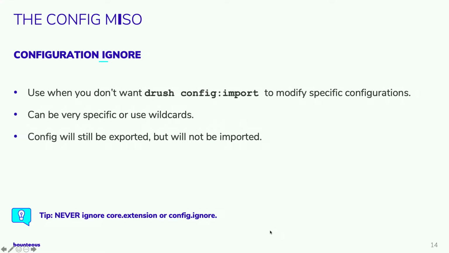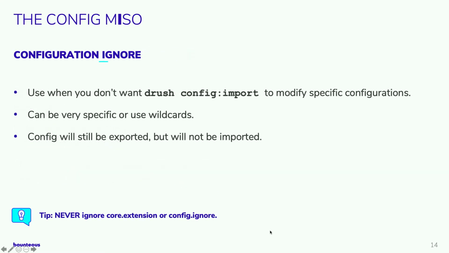So first time you do it, you might think something is wrong because you told it to ignore basic site settings or error messaging or something like that, and you see it exported and you think, oh, something's not right. It's on the import is when config ignore really comes into play. And you can get very specific or use wildcards in there, and I'll show some examples of that in a moment.